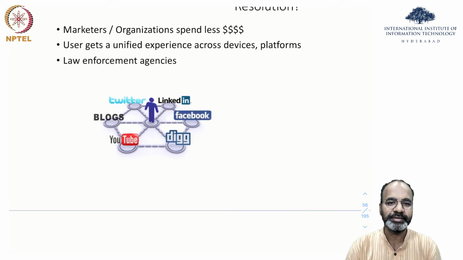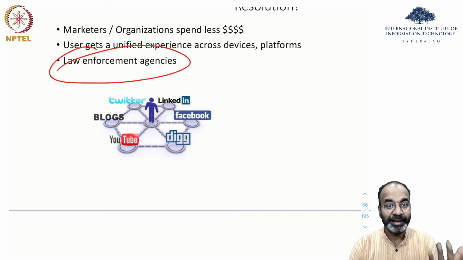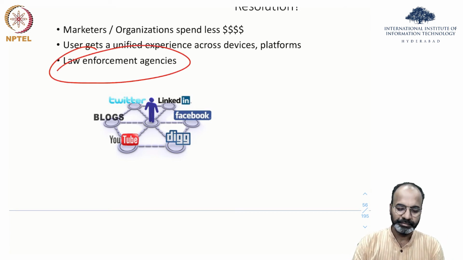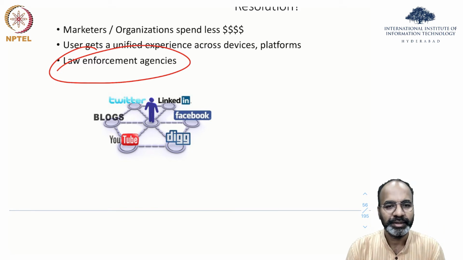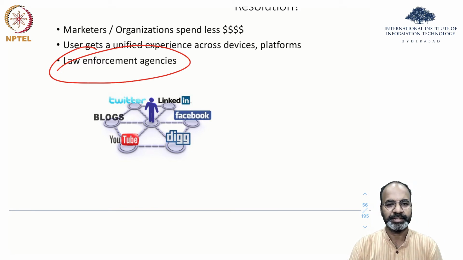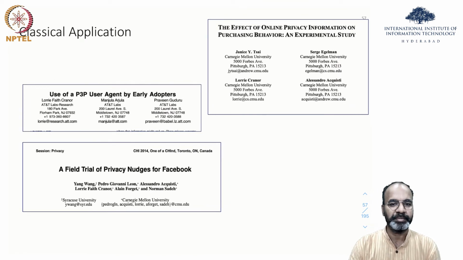And law enforcement agencies can also make use of this identity resolution to say that the criminal and the victim are the same handle, same person, or a different person. Are they chasing 3 different criminals or 1 criminal? All of these conclusions can come up by knowing that these are the same set of people.